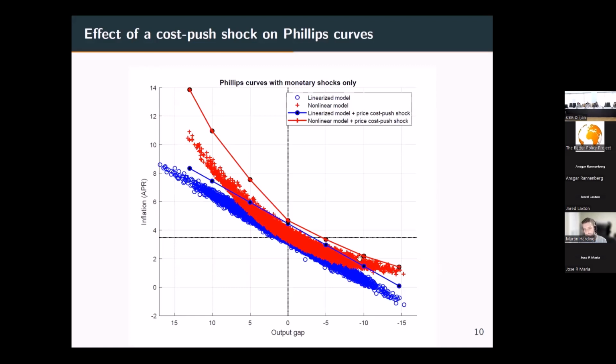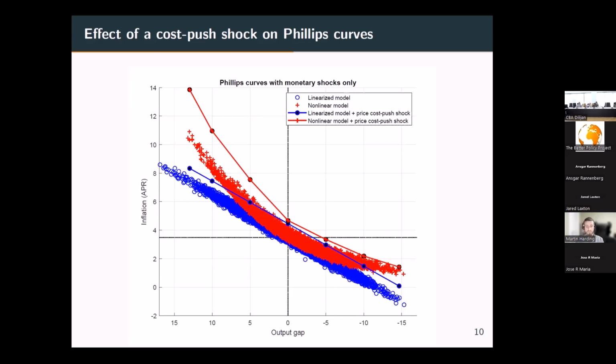And you see that in these dots in the lower right in the chart, right? But when you are going through a boom and inflation is elevated, you see that the same size of the shock can trigger very large increases in inflation. Okay, so that's the second part of the paper.